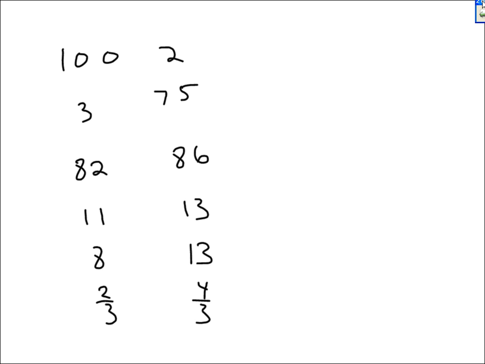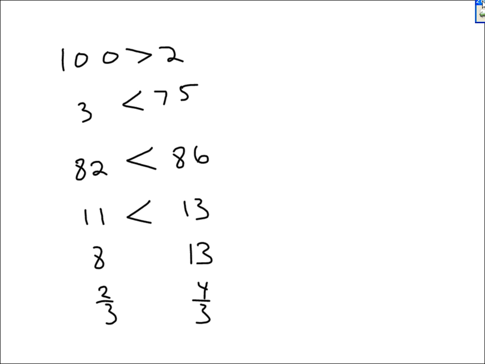Well, between 100 and 2, 2 is smaller. The arrow goes to 2. Between 3 and 75, 3 is smaller. Between 82 and 86, 82 is smaller. Point to 82. Between 11 and 13, 11 is smaller. The arrow goes to the 11.